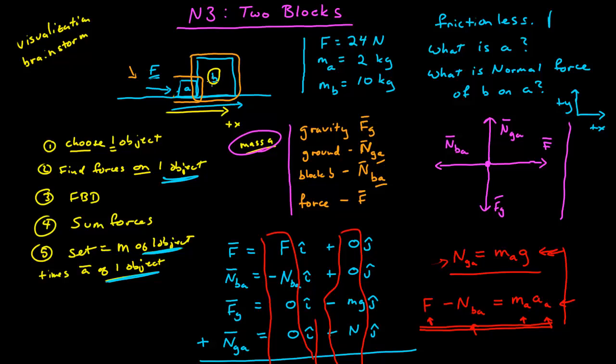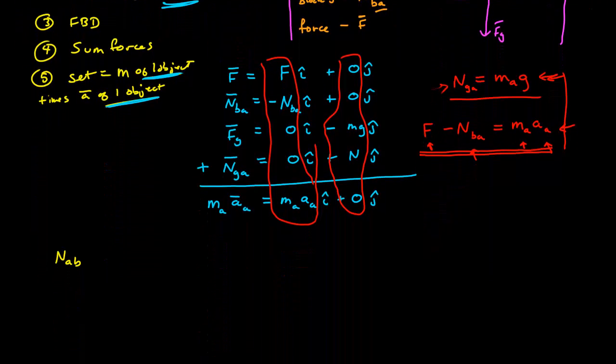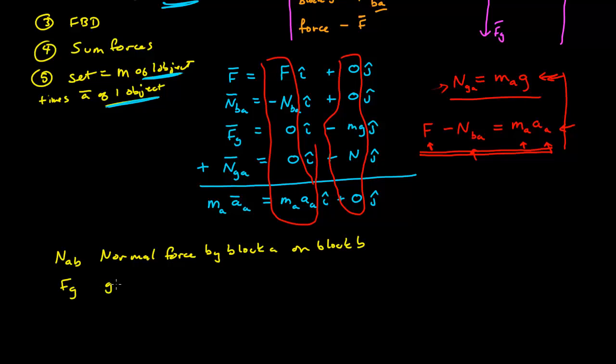So we're going to have gravity, and then two things are in contact with B: the block A and the ground are the two things that are in physical contact with B. So we have the normal force of A on B, this normal force by block A on block B. And then we have the force due to gravity and the normal force of ground on B, the normal by ground on block B.